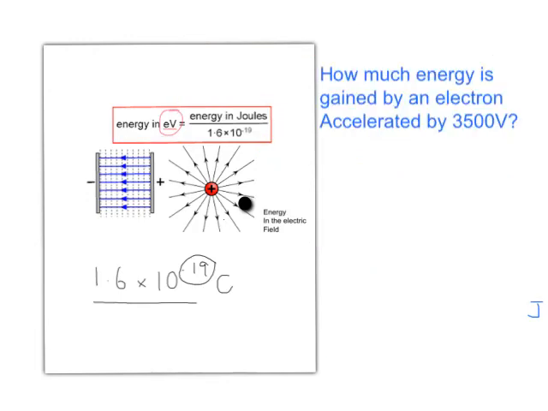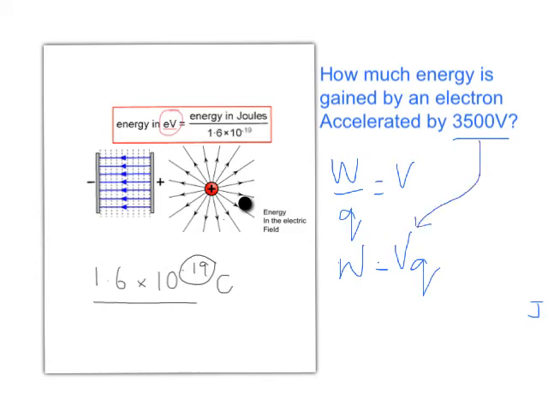So, firstly, using the previous formula, work done over charge equals voltage. We have 3,500 volts. So rearranging, we have work done equals voltage times Q. The voltage is 3,500. The charge is the electron charge.